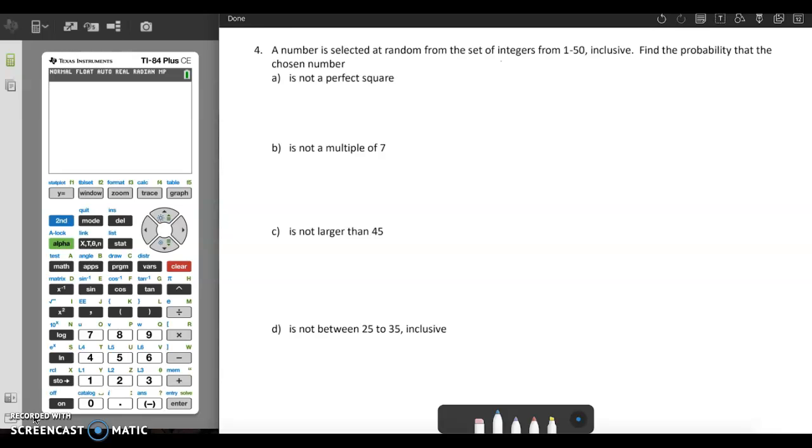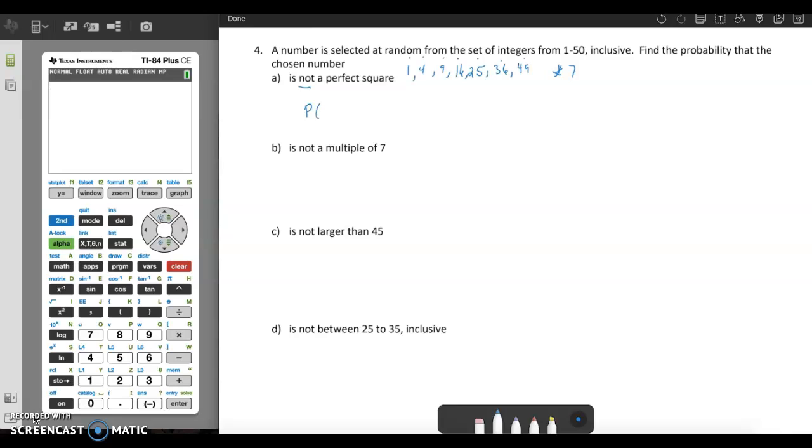If I think of perfect squares between 1 and 50, we've got 1, 4, 9, 16, 25, 36, and 49. So there are 1, 2, 3, 4, 5, 6, 7. There are 7 perfect squares between 1 and 50. So if we want to find the probability of not picking a perfect square, we could use the complement rule.